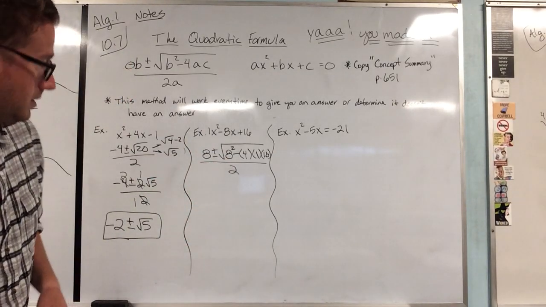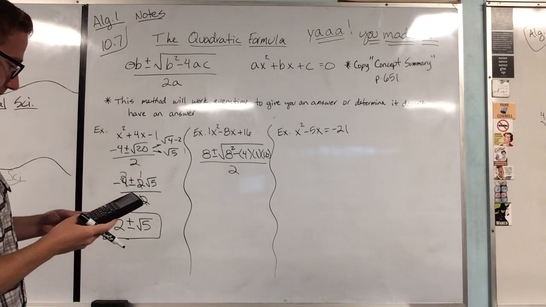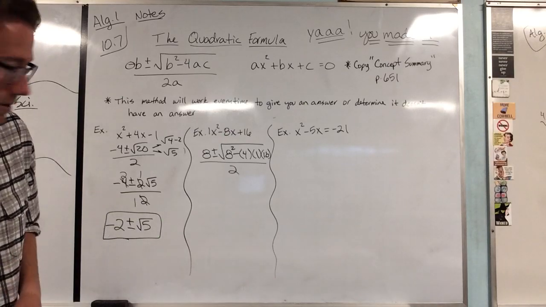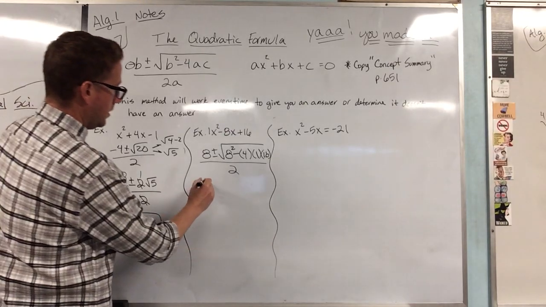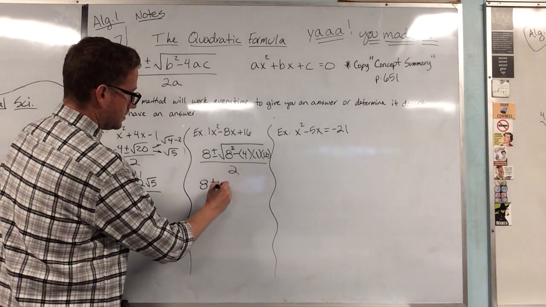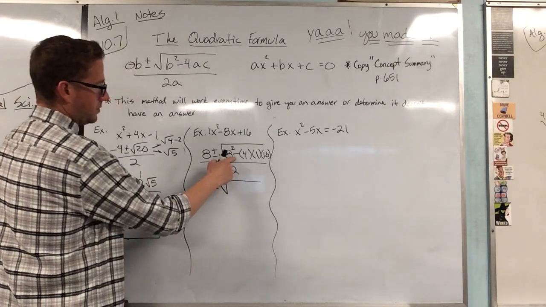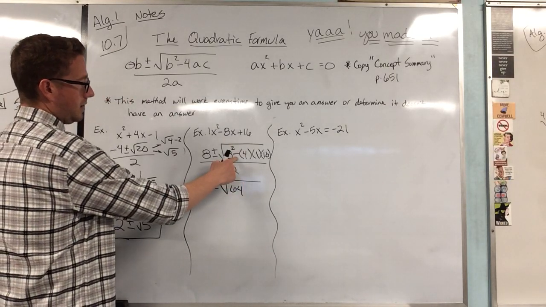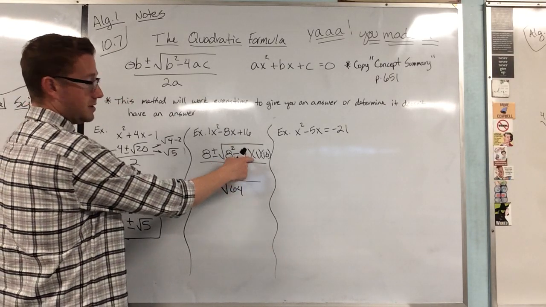All right, let's figure out some stuff here. I'm going to make sure I do my calculations right. All right. Okay, this one is going to work out nicely. There we go. So we have 8 plus or minus, and then inside the square root, 8 times 8, 64. A negative 4 times 1 is negative 4.